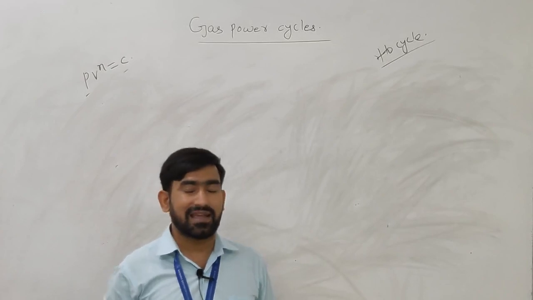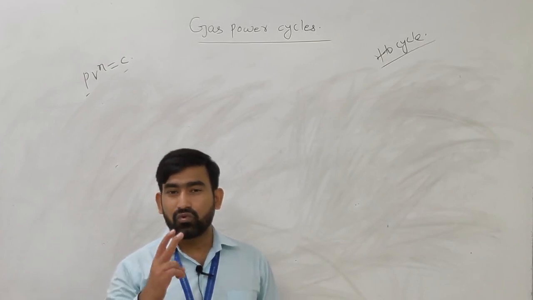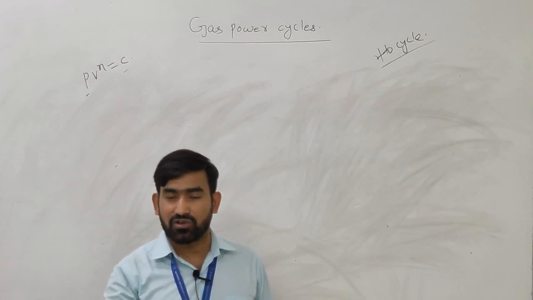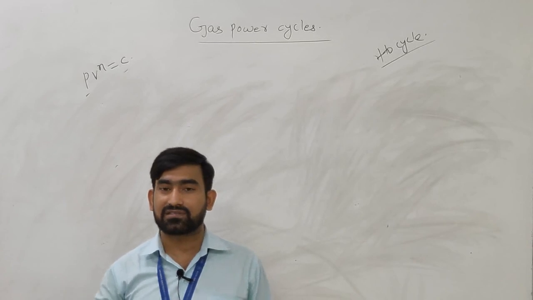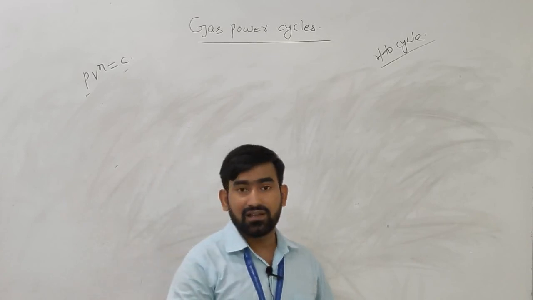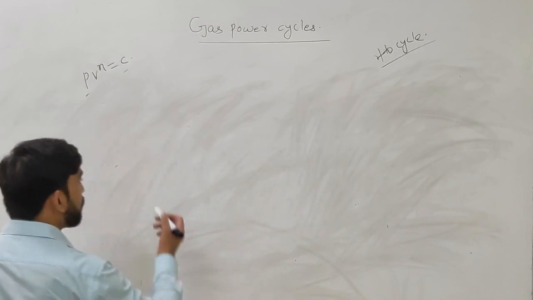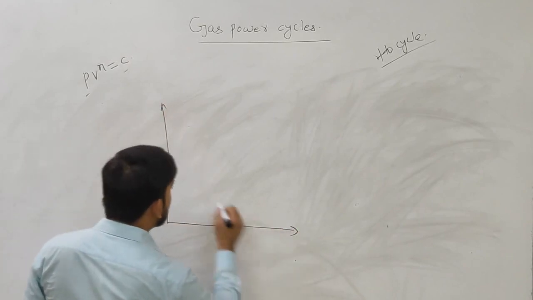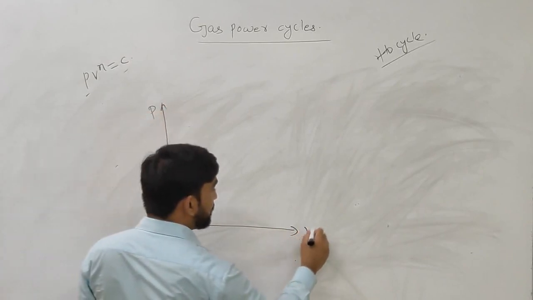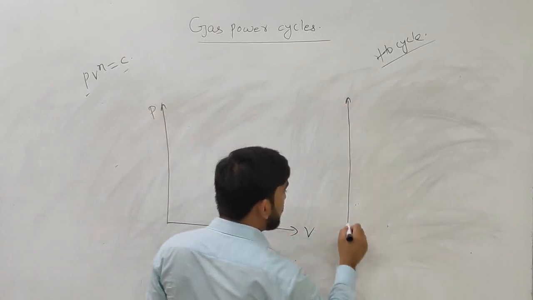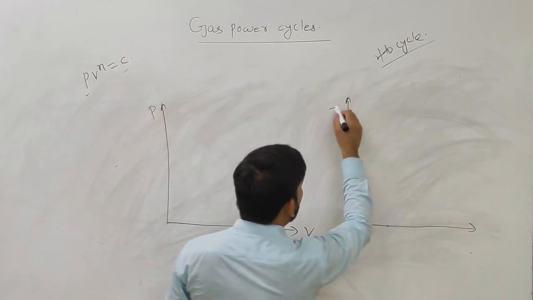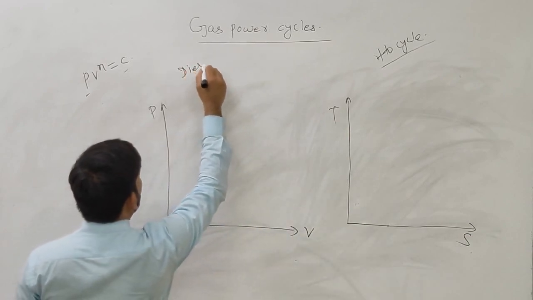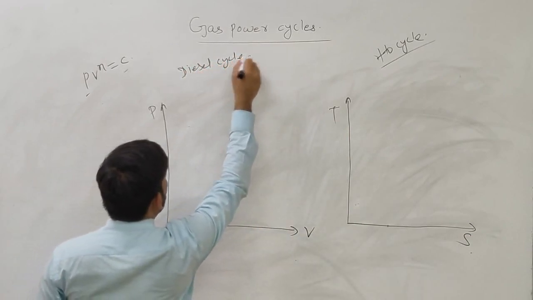In case of Diesel cycle, we have two reversible adiabatic, one constant volume process that is also reversible, and one constant pressure process. So let us see how we can draw the PV and TS diagrams of Diesel cycle. Here it is the PV diagram, and here it is the TS diagram for Diesel cycle.